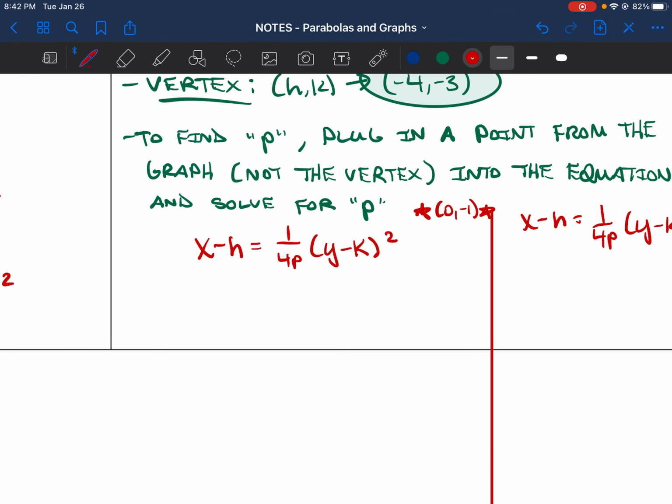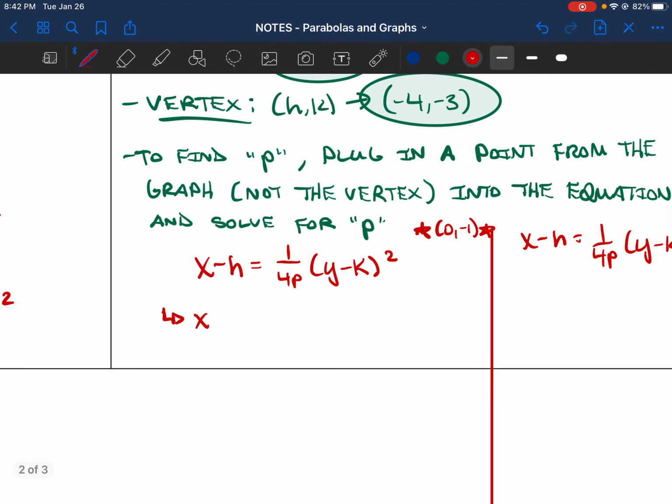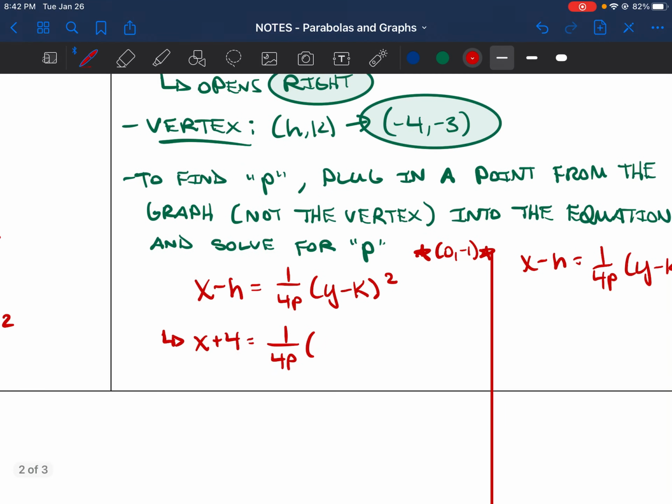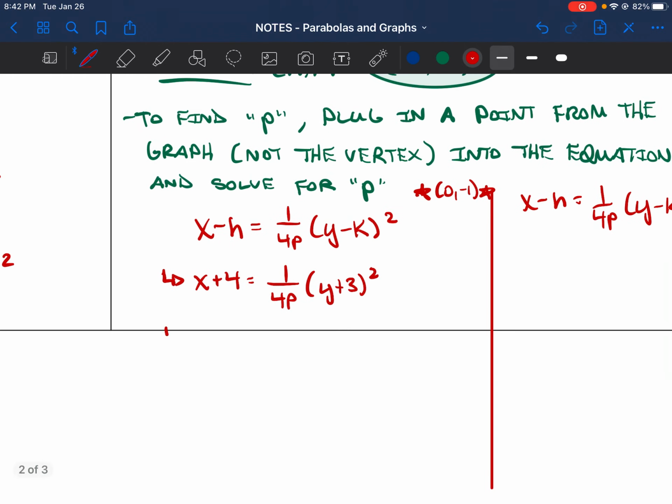Well, first let's plug in the pieces that we know. We know that h, so x minus h, that's going to be x plus 4, equals 1 over 4p. Let's see, y minus k, that's going to be y plus 3, the second power. And now let's plug in 0 for x and -1 for y, because that's one of the points that's on our graph.